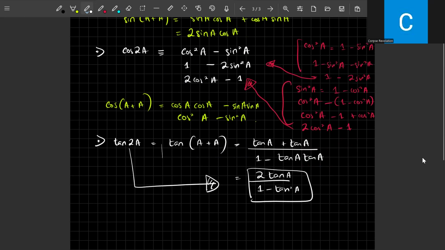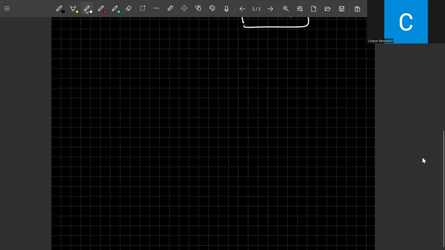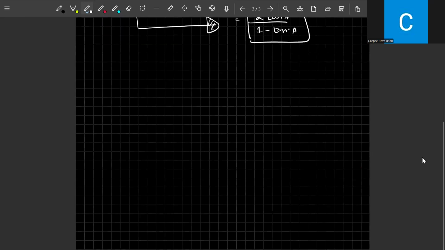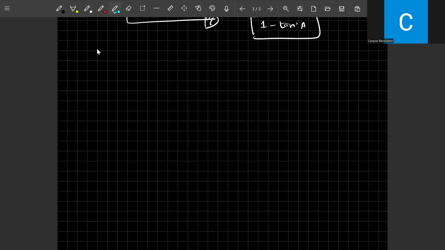One more thing I would like to mention is that these identities can be twisted around. We know that sine 2a is equal to 2 sine a cos a. So the question can also ask you what is sine 4a.